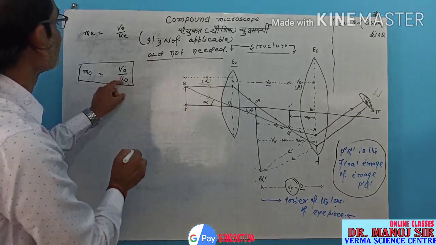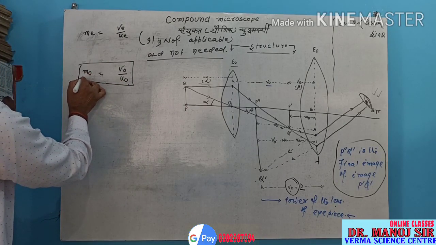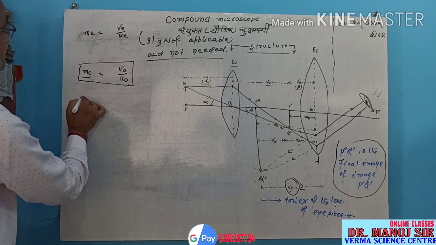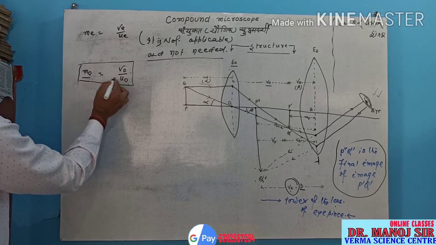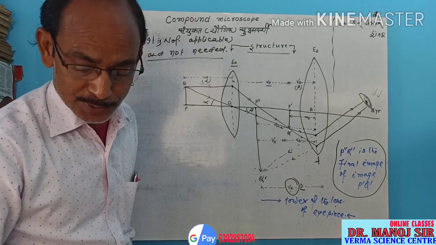Here we have the MO ratios and the ratios of the other.